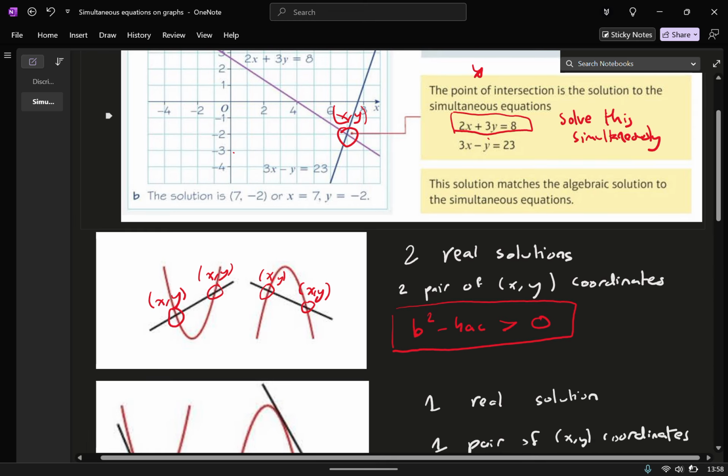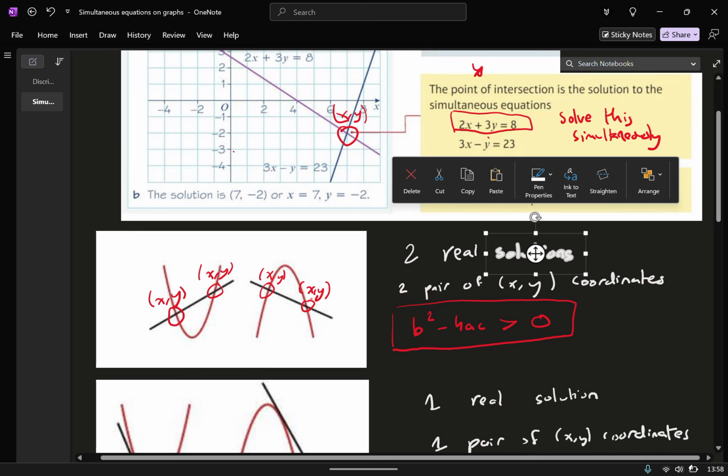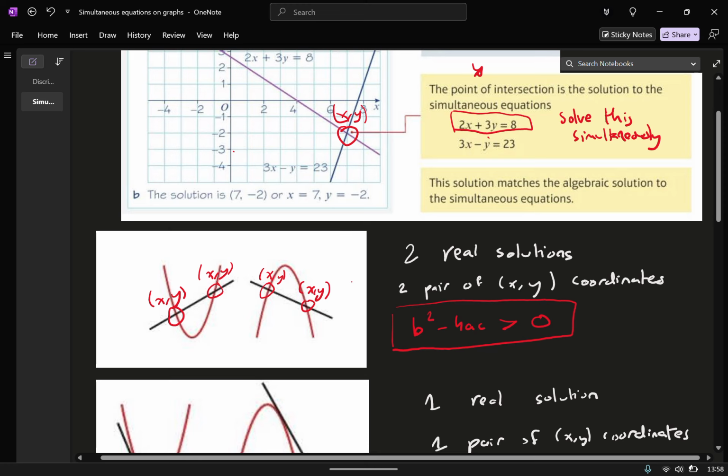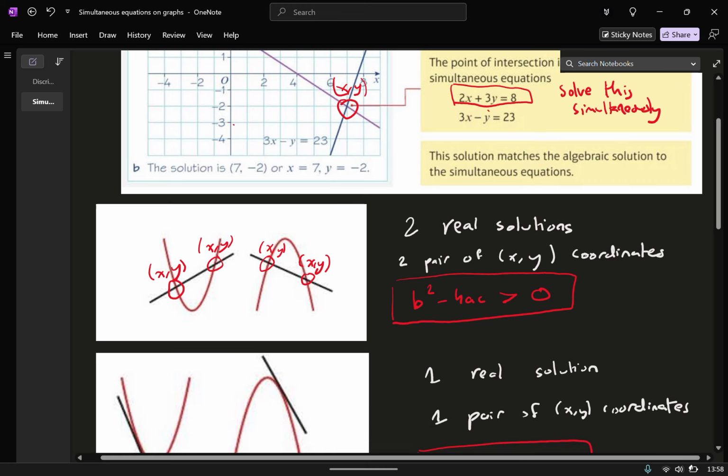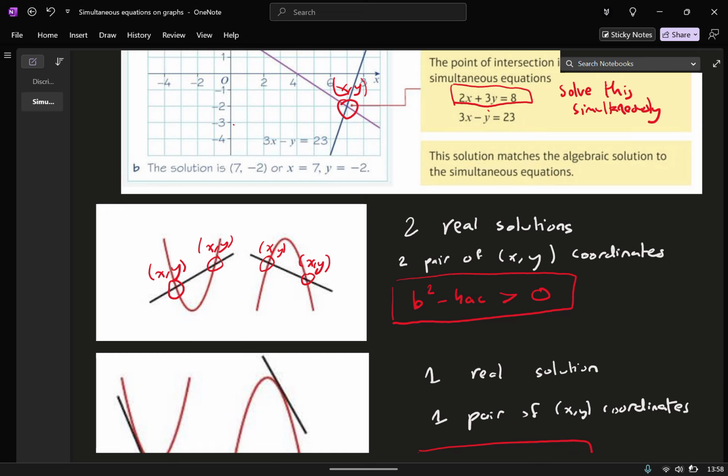However, when we have a linear equation solving with a quadratic, now there could be three scenarios. The first scenario is that the linear equation is intersecting with our quadratic graph, the parabola, at 2 points. In that case, we're going to have two real solutions, meaning two pairs of x and y coordinates, which, as you would know from GCSE, is why we get two x values and two y values, because there are 2 points of intersection.